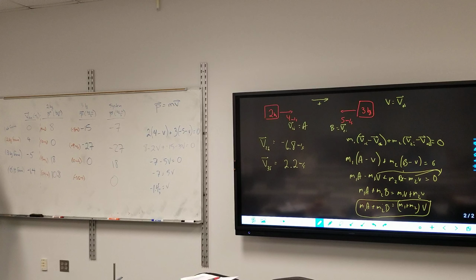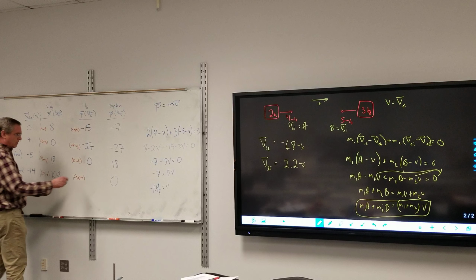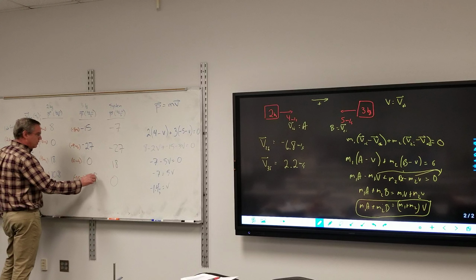Two ways to solve it. Would it also be 10.8? Negative 10.8.